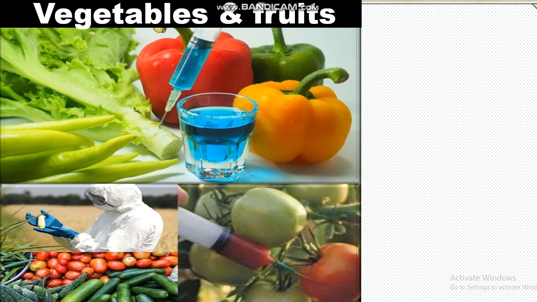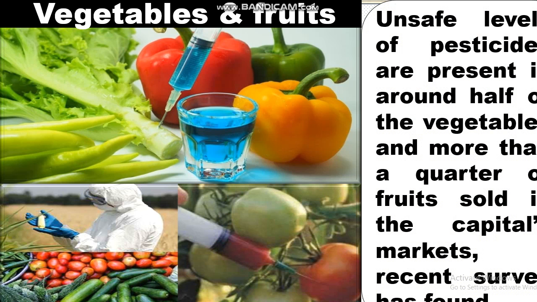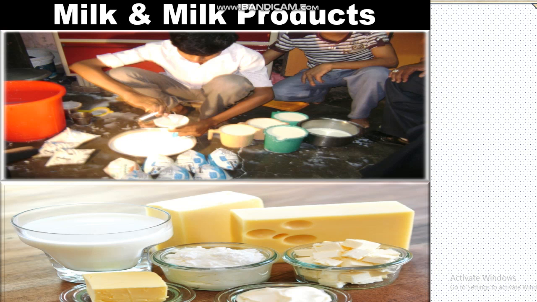Vegetables and fruits. You are getting the picture of vegetables and fruits, and the writing is here. Unsafe levels of pesticides. Pesticides are present in around half of the vegetables and more than a quarter of fruits sold in the capital markets. A recent survey found that half of the vegetables are contaminated with pesticides. Okay. Now milk and milk products. The previous slide was on vegetables.